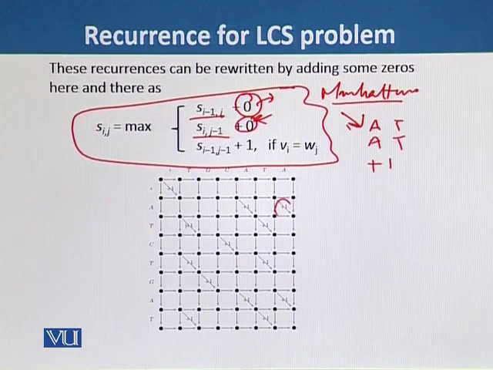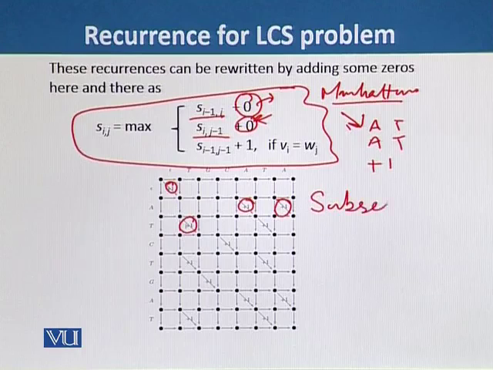Here we can see these +1 edges, as indicated in this figure. So by adding the 0 and +1 weights on the edges, we will get the subsequences that are identical and present in both the V and W strings.